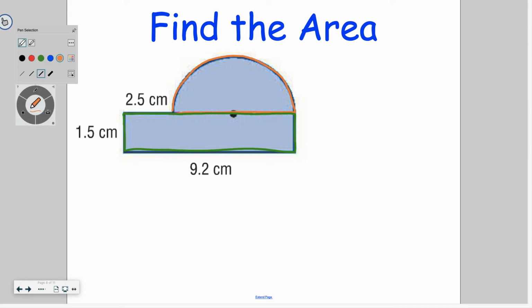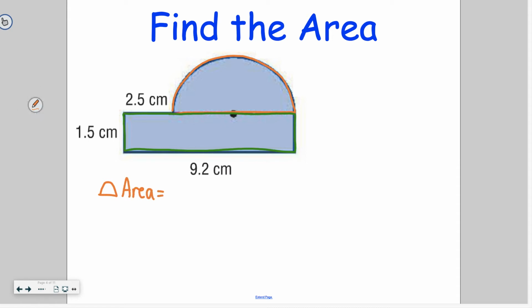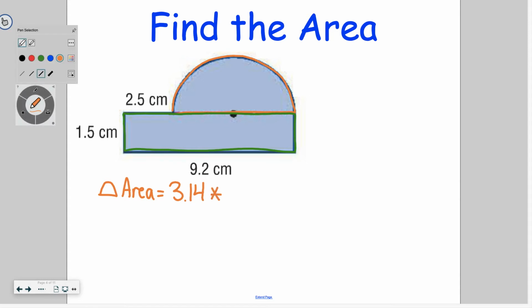For the semicircle, I'm just going to denote it as the semicircle area. I have to do pi, 3.14, times, now I need the radius. So I need to know how long this piece is right here.